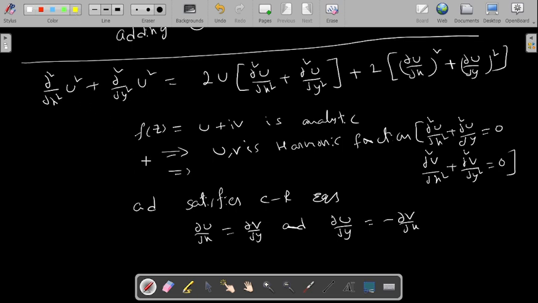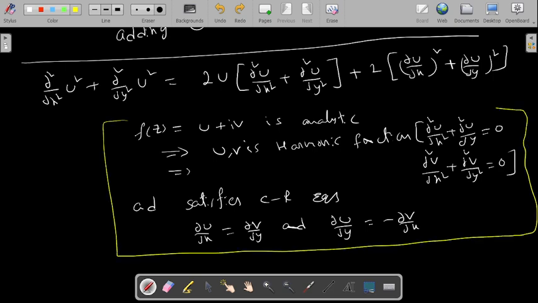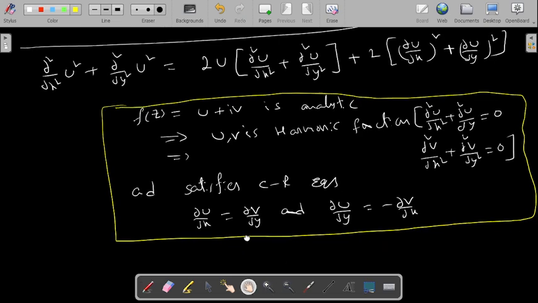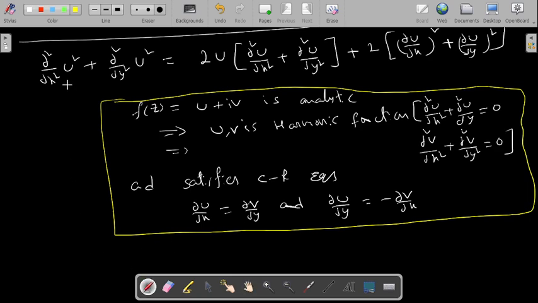So when it is an analytic function, these properties will hold. Using these properties, we prove the required result. Okay, so now come to our left side, u² common.